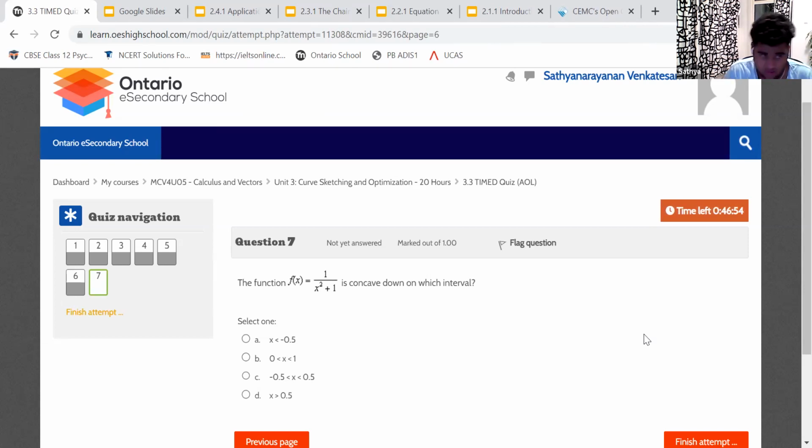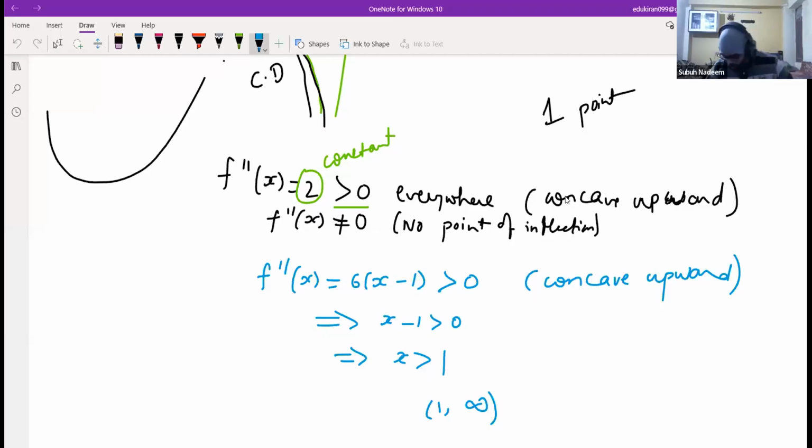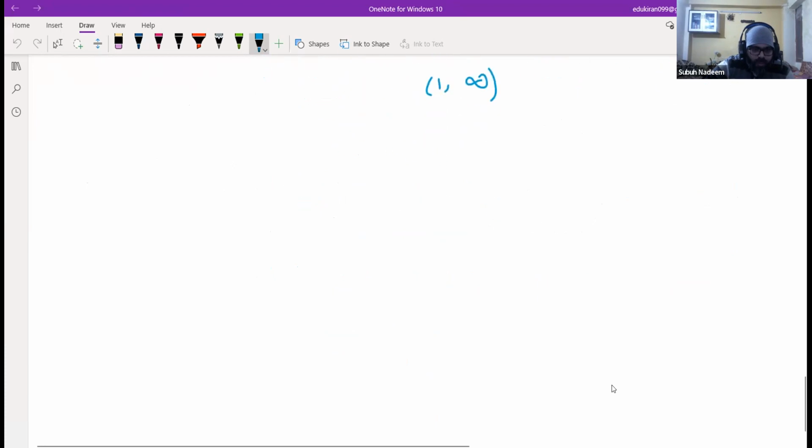So I'm getting x squared plus 1. One second, I am writing it. So it is 1 by x squared plus 1.